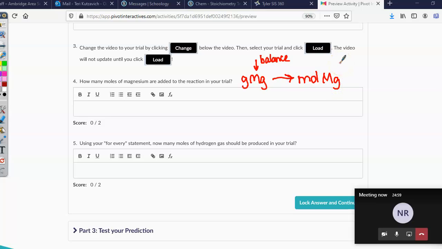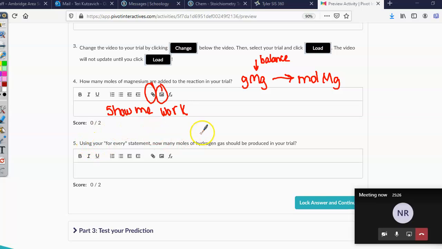And you already know how to do that by dividing by the molar mass. So show me the work right here. Some of you like to submit pictures. That's fine. If you want, you can do all your work for all of these on a separate piece of paper and submit a file. That works also. So for this first one, you're taking your grams and you're showing me how you changed it to moles.